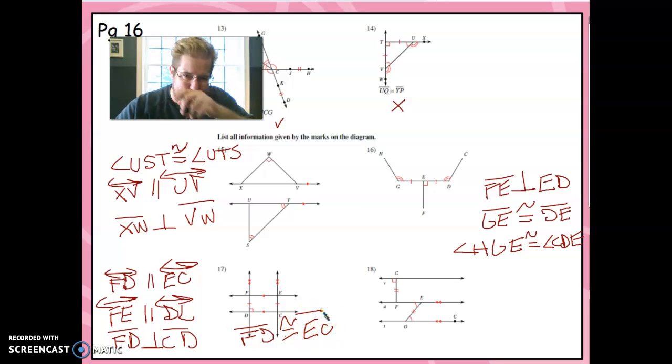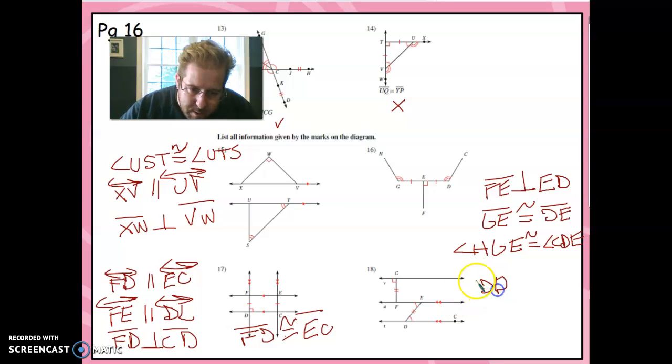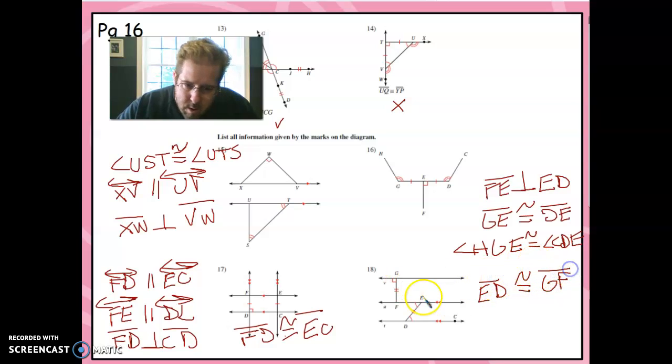A lot of information. All right, now last one. I know I'm running out of time, so we've got FEED. I wasn't going to write it, but I think I have enough time to do this last one as well. So we've got segment ED is congruent to segment GF. We've got perpendicular, so I can't see what that is right there.